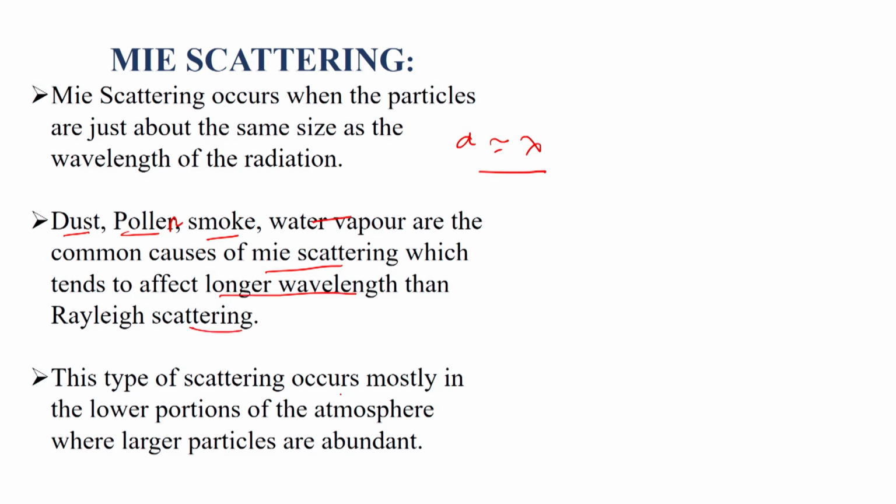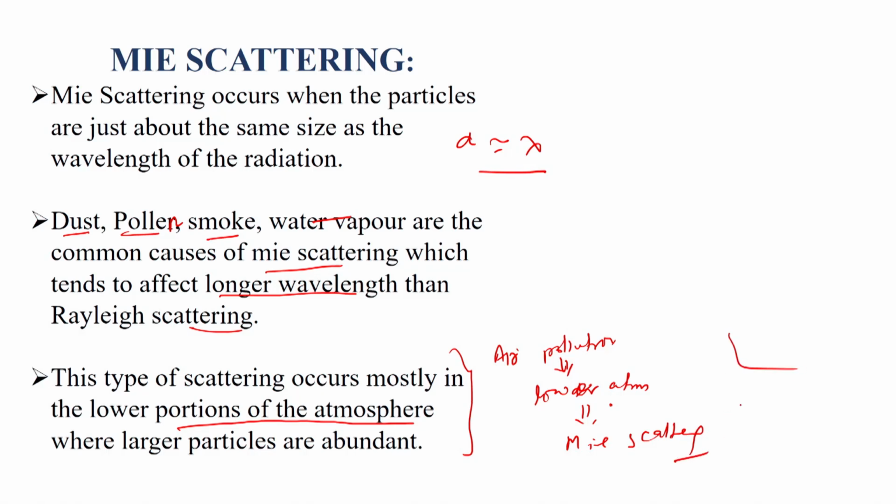This type of scattering occurs mostly in the lower portion of the atmosphere, and since air pollution is mostly in the lower atmosphere, Mie scattering will be very prominent here. If somebody asks you where Mie scattering is, it is more in the lower atmosphere.